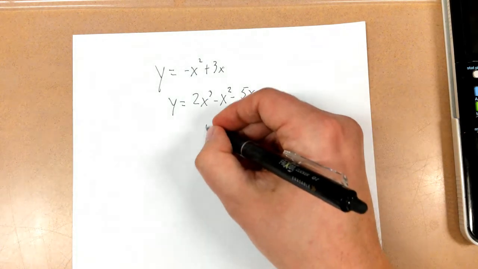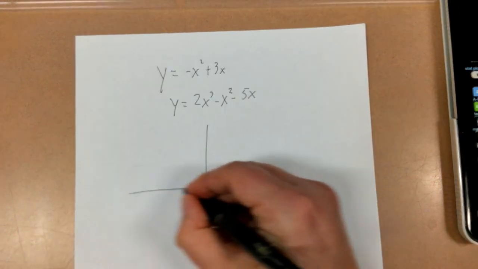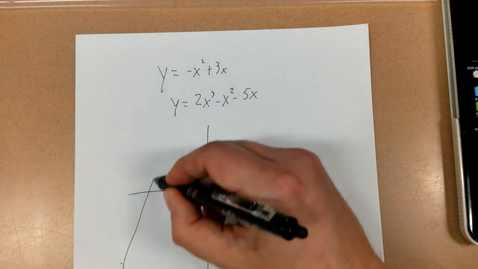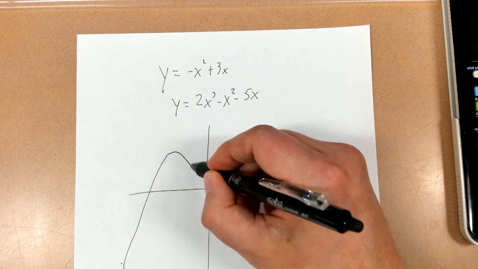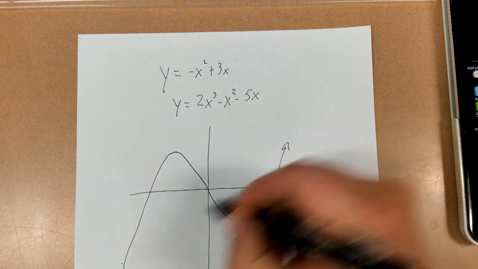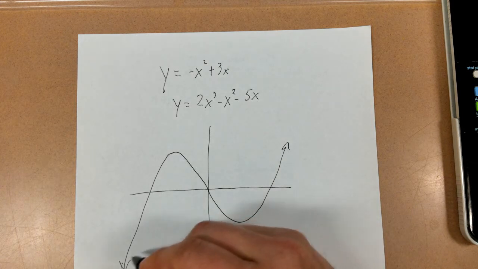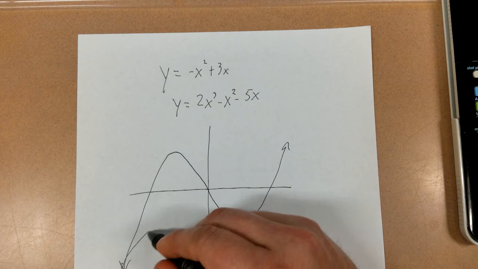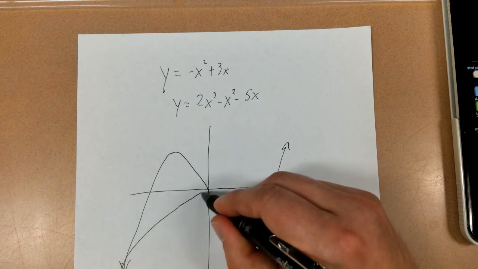If we were again to sketch a graph of that, we're going to have our cubic graph, and then we're going to have a parabola that comes up.